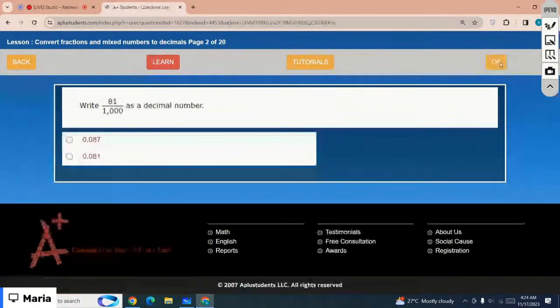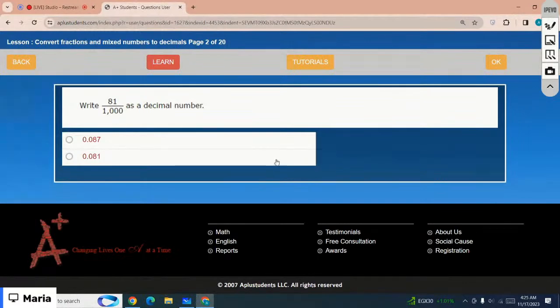Okay, write 81 over 1000. So which is the correct option? Yes, that is 0.081.